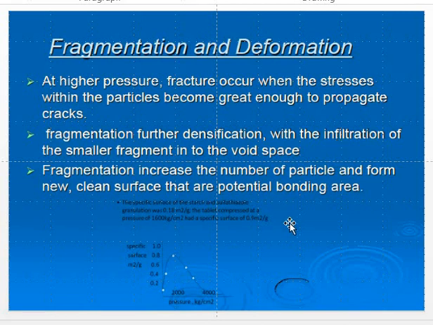Generally, when we are applying pressure on your particles, it can cause the fracturing of some particles. Some big particles may get fractured into small particles, and they will try to settle in the void spaces. So this is one stage that occurs during your initial repackaging process. So fragmentation may increase the number of particles and form new particles, as well as form clean surfaces of those particles that have potential bonding area. See here, when we are applying the pressure, it causes the development of new particles, as well as the ability to develop bonding capacity inside your small particles.